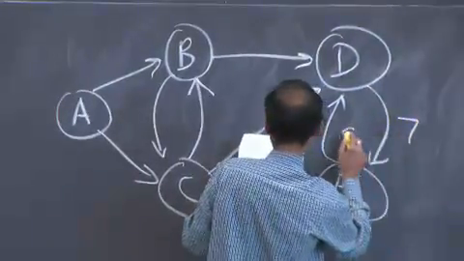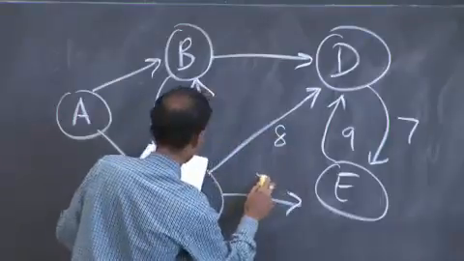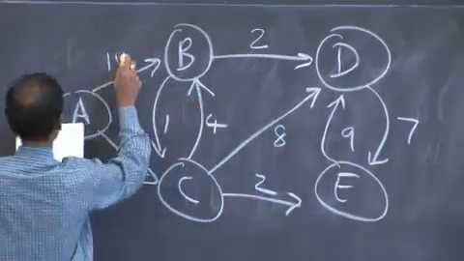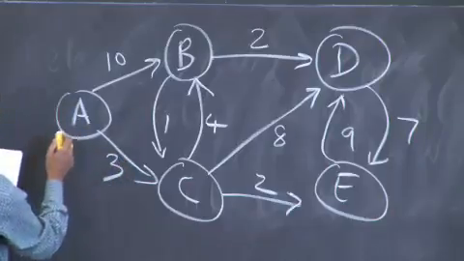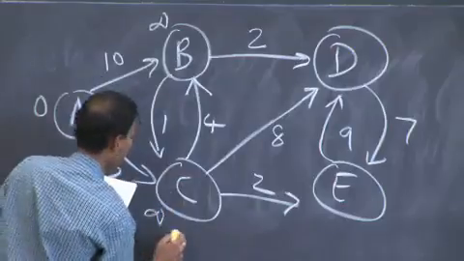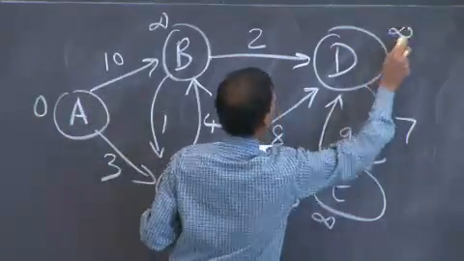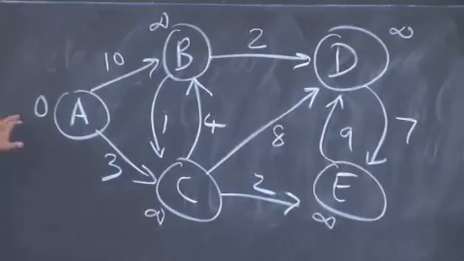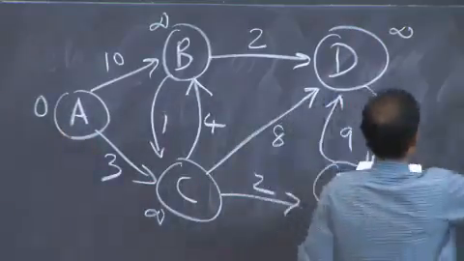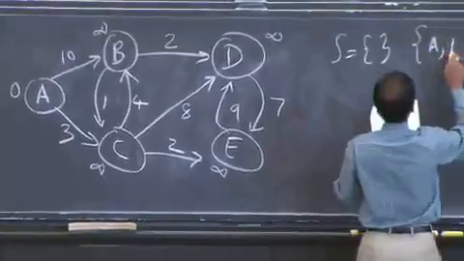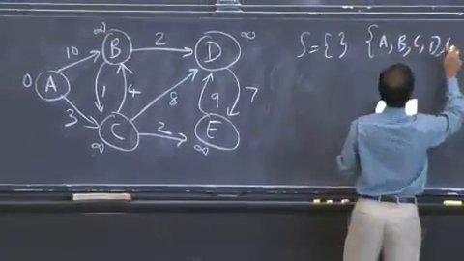So that's 7. Right. So you start with A being the starting vertex. And so D of A is 0, and D of B through E are all infinity. Your S is null to begin with, and Q has all of the 5 vertices in it.